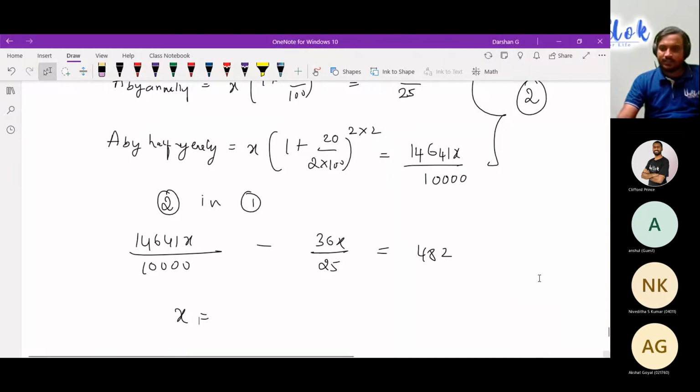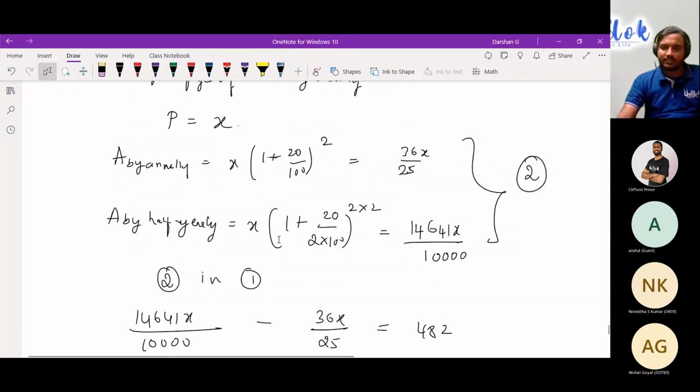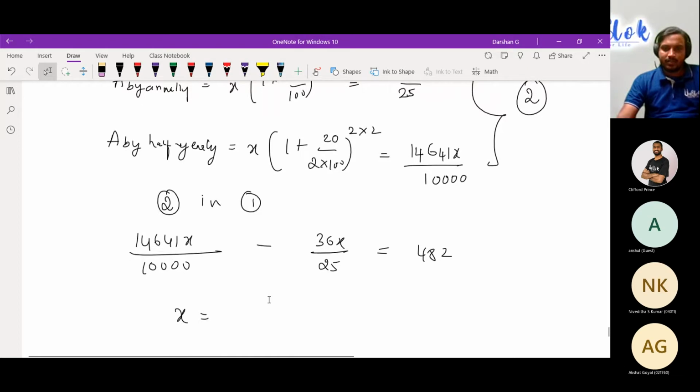Let's wait till others get the answer. So please take some time and try to solve this question. Always remember, getting some equation is important, and also getting the right answer is more important. If you get till here, you'll get like 1 mark or something.